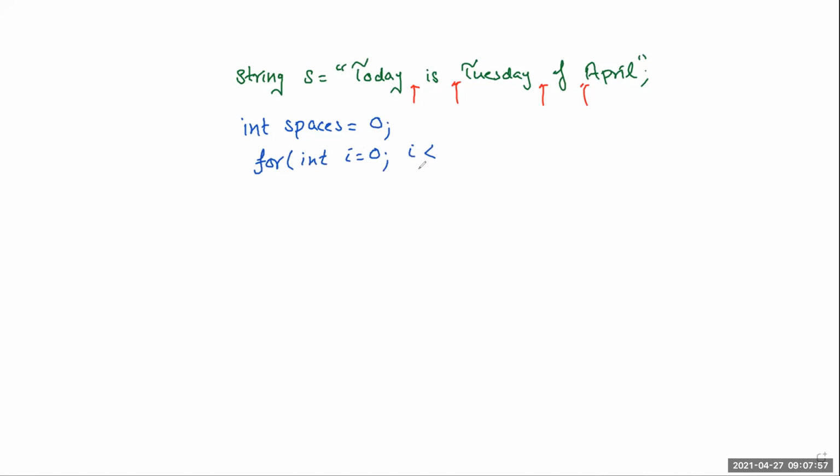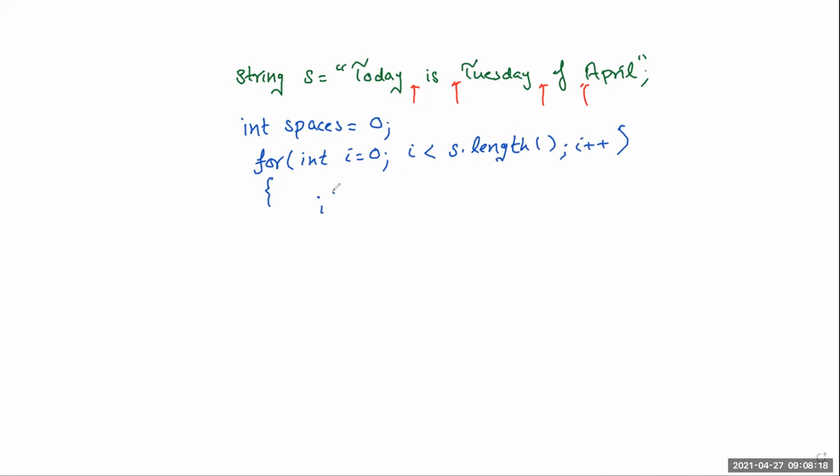Now how do I know how many characters are there? So I use the function s.length, or you can use s.size. It will give you the total number of characters in this string, and then you say i++. Now what we need to do, we are actually checking every character.